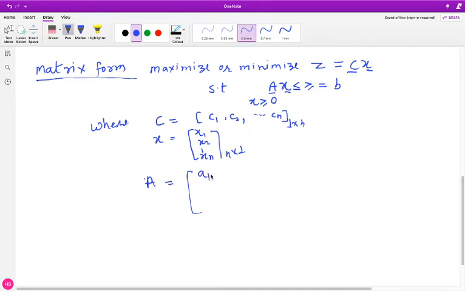So, the first row is going to be A11, A12 dot dot A1n, and the second row A21, A22 dot dot A2n, and the last row is going to be equal to Am1, Am2, Amn.